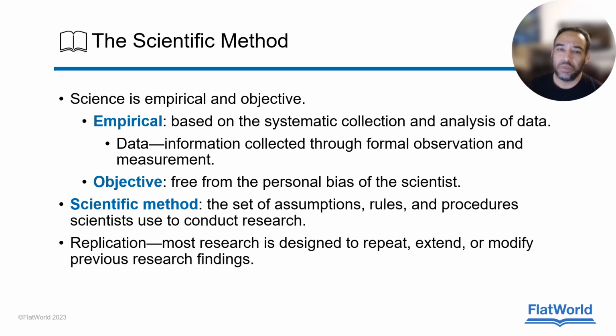Objective means that scientists analyze the data they collect without letting their own opinions or biases affect the results. This ensures that their conclusions are based on facts and not influenced by their personal feelings. So by being both empirical and objective, science can conduct fair and accurate experiments leading to trustworthy and reproducible results.